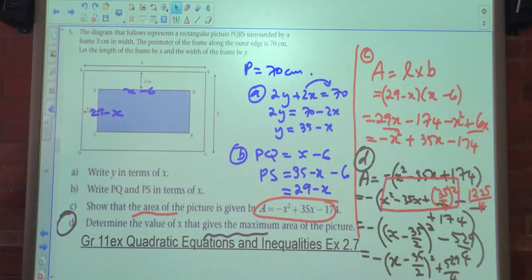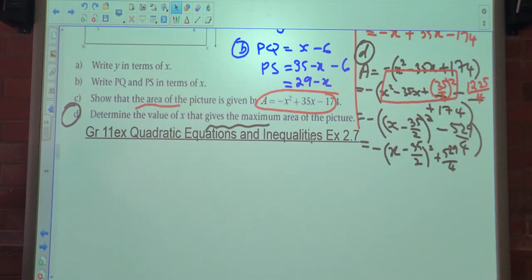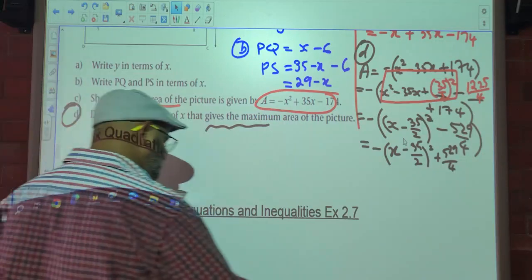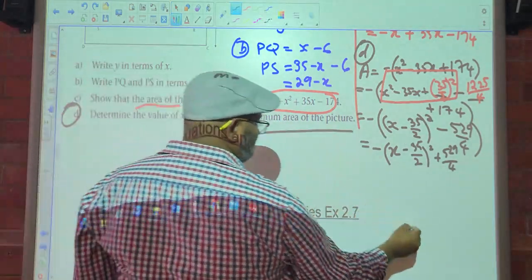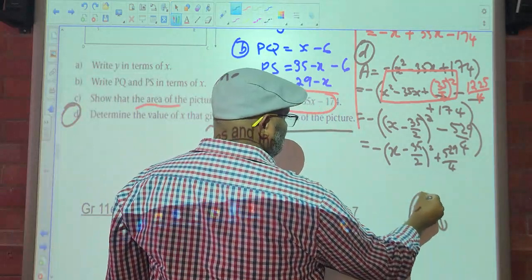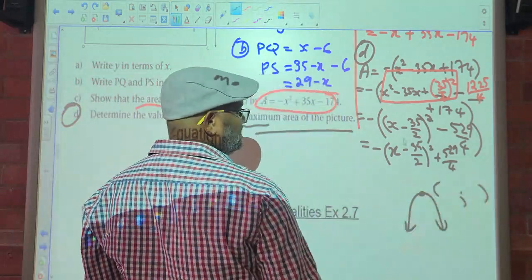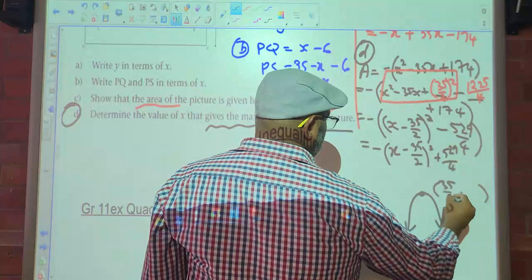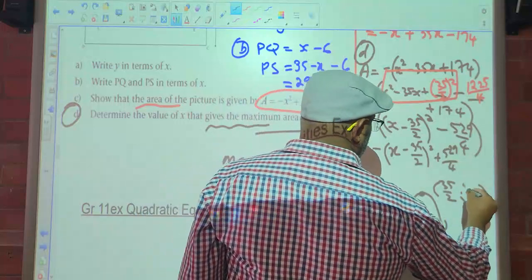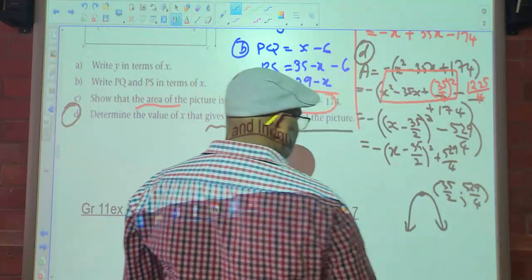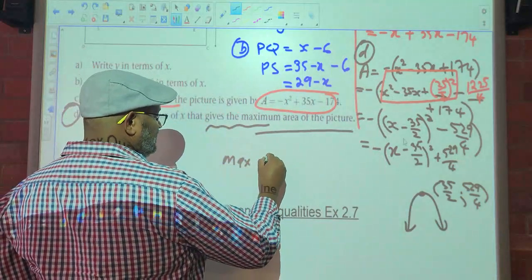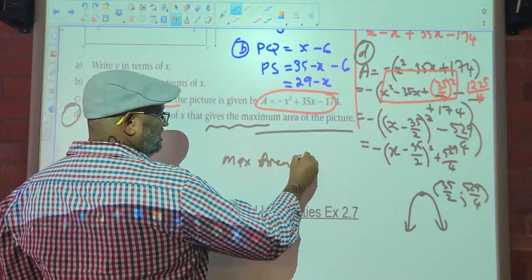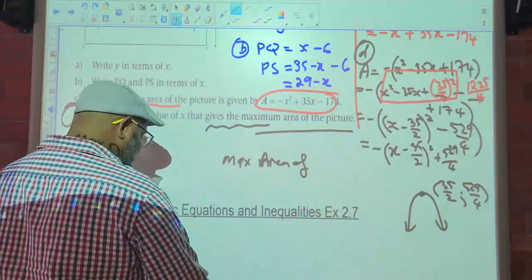So if I must write a story with regards to this, what would I write? I would say that this graph has a maximum, so that graph is frowning. What will the coordinates of this point be? 35 over 2 and 529 over 4. So I would say this graph has a maximum area of 529 over 4.